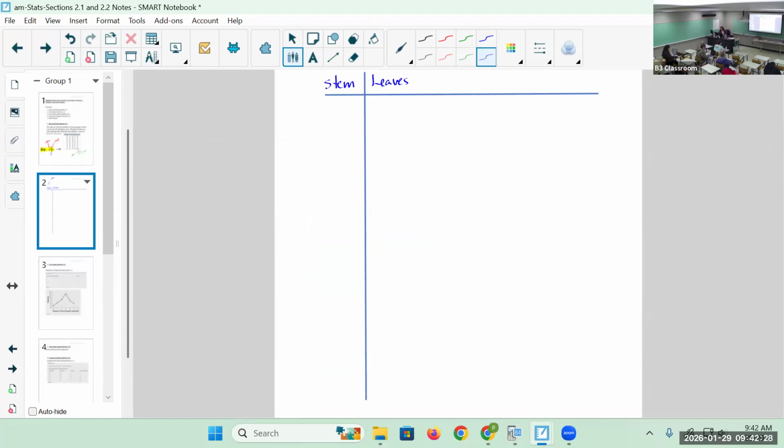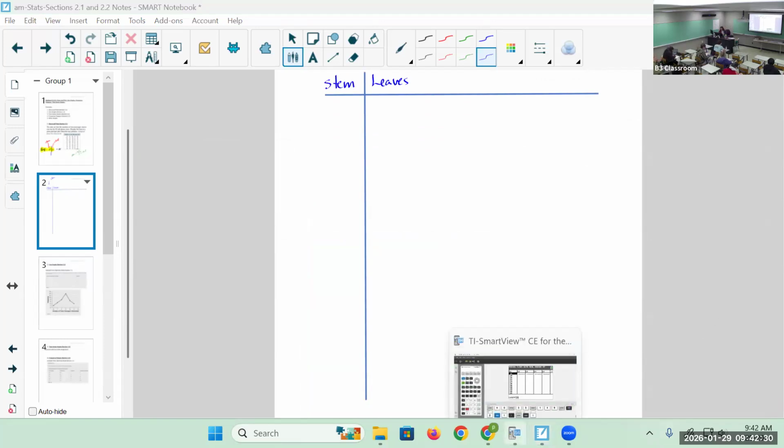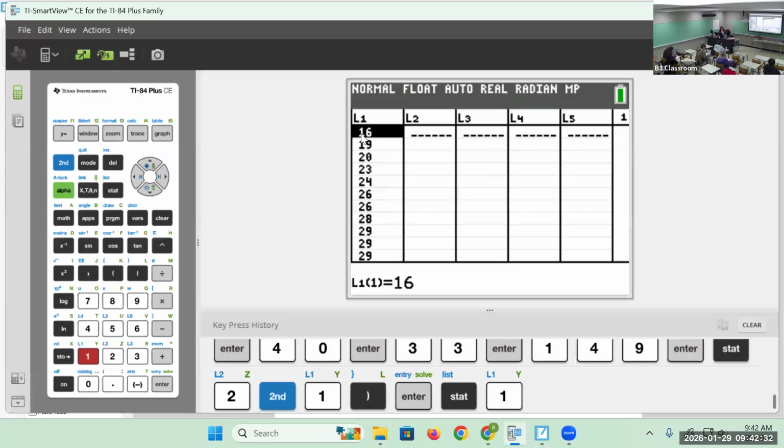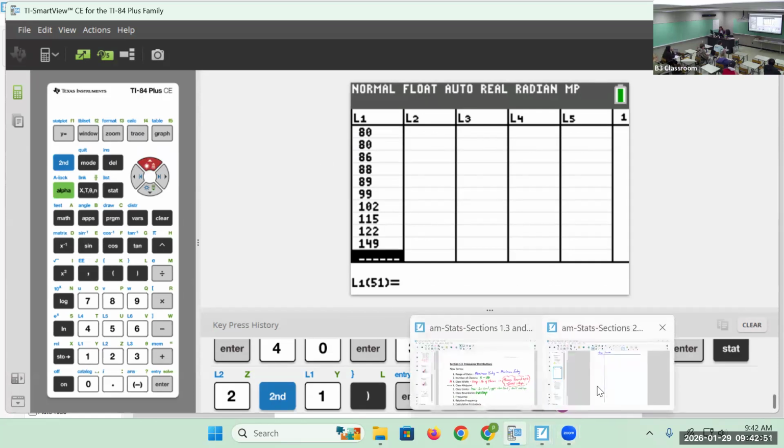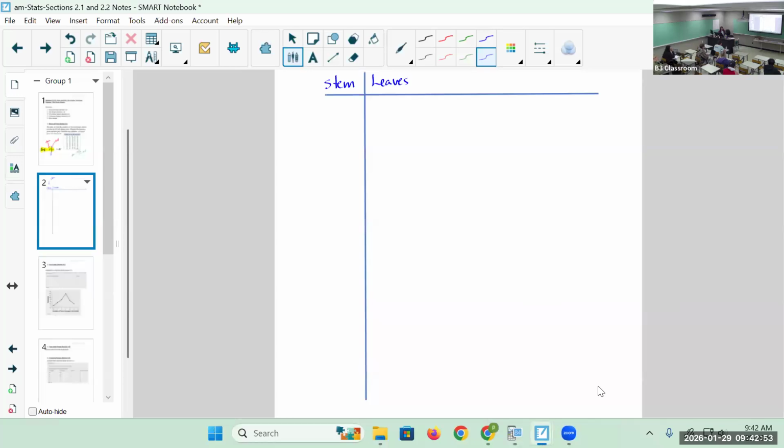If you look on your calculator, the smallest entry is 16, so that's why I'm starting with 1. And if you go up, it takes you to the bottom, and your largest entry is 149, so the largest stem is 14. So in here, I'm going to have to write 1 through 14.